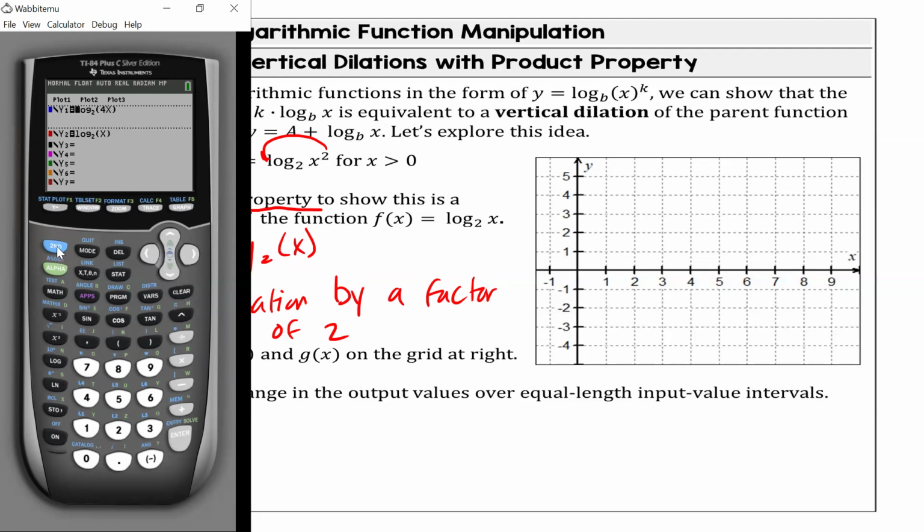I'm going to insert, second insert, and change this to 2, and delete the 4. So when I graph, there was my transformation, and here is my parent function. Notice that it was stretched vertically by a factor of 2.